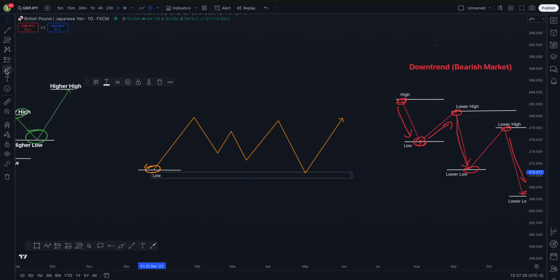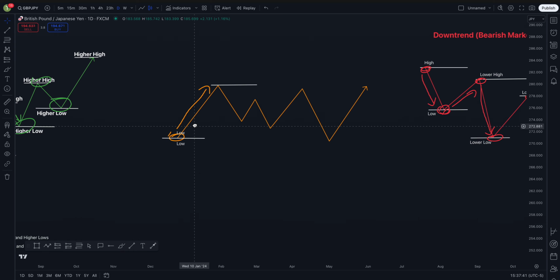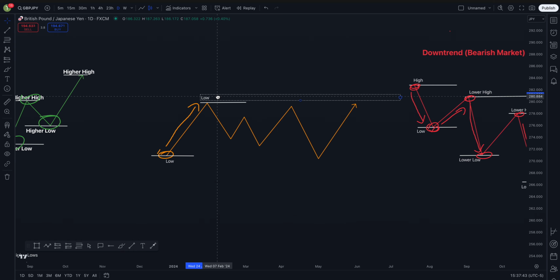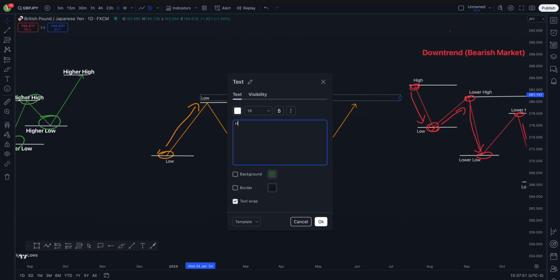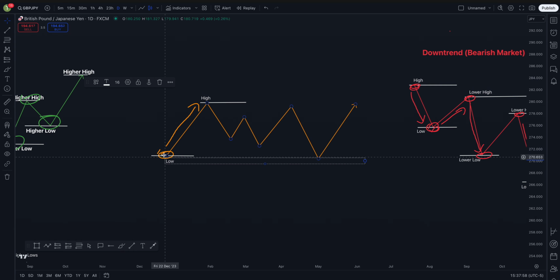And then after making that low, price pushed up and created this high. So it started here in a low, then it created a high.